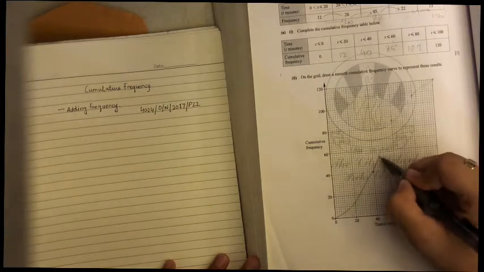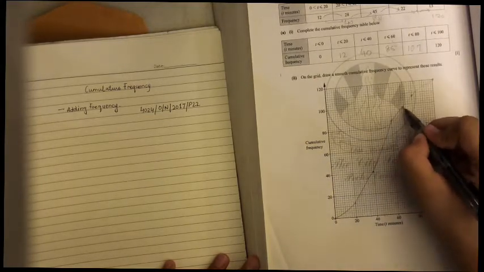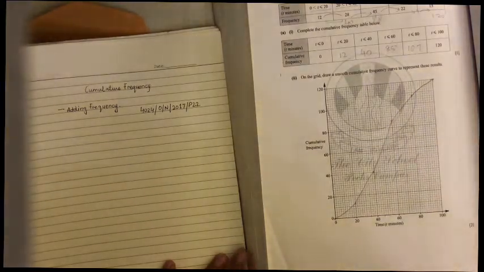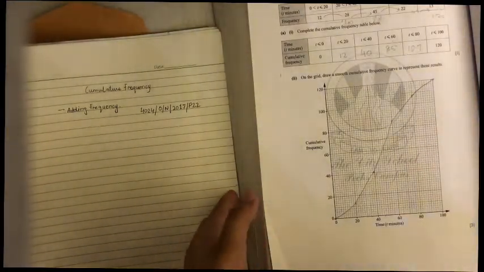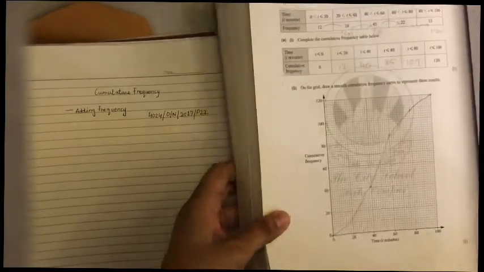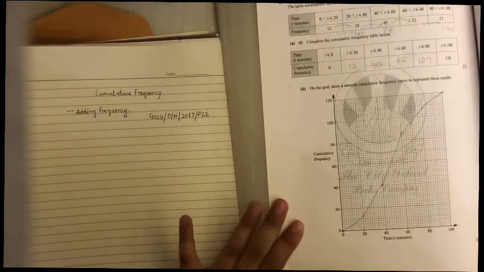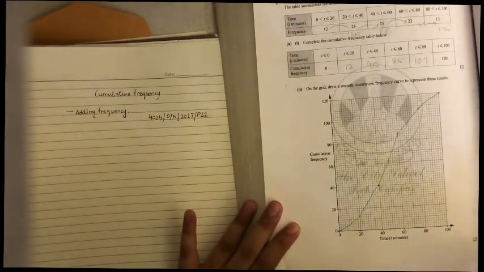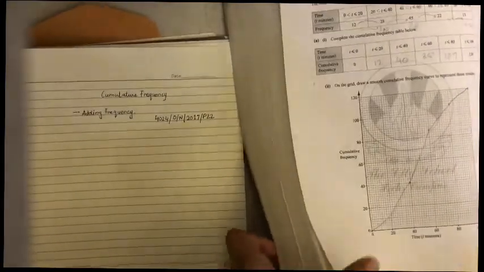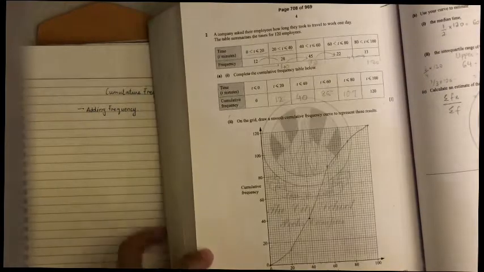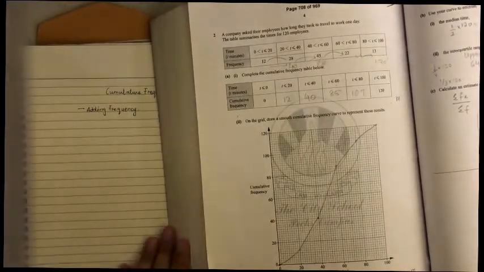And now you can join it with freehand. Almost all the graphs of cumulative frequency look like this. This is how you calculate cumulative frequency and gain almost 3 to 4 marks. Now our next part is to calculate the median, interquartile range and mean.